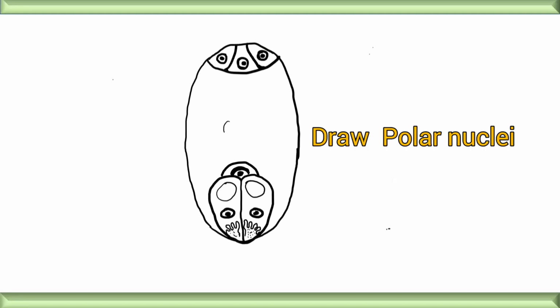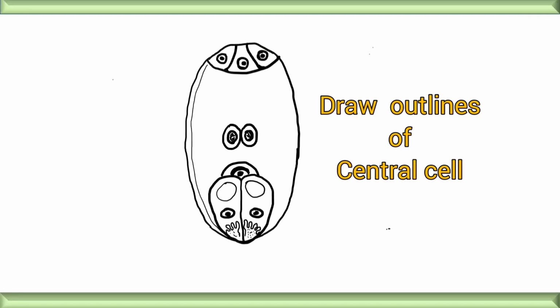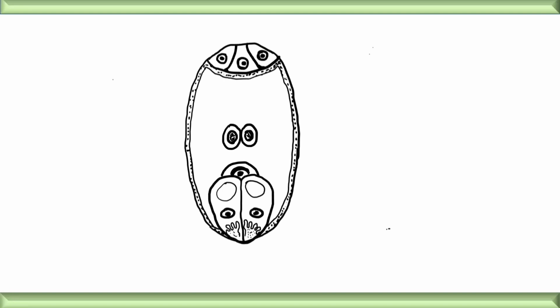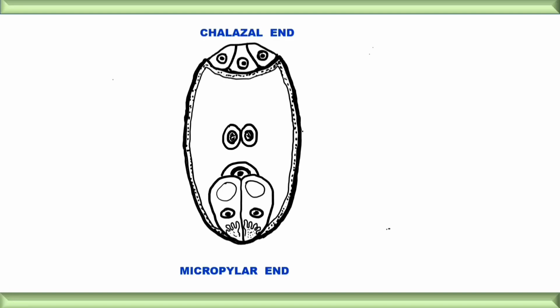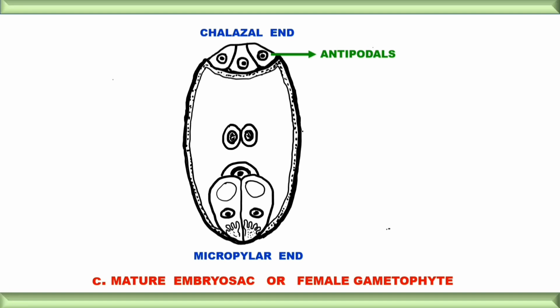And finally, you will also have to represent the last and the important nuclei, that is the polar nuclei. Draw them slightly large, centrally placed, and also show the outline for the central cell. So this you will have to draw a parallel line running through the outline and dot it gently. So this represents the central cell.